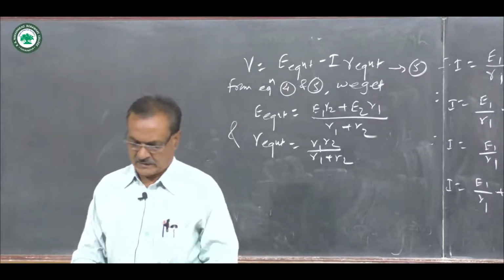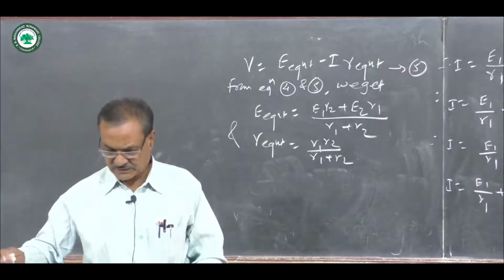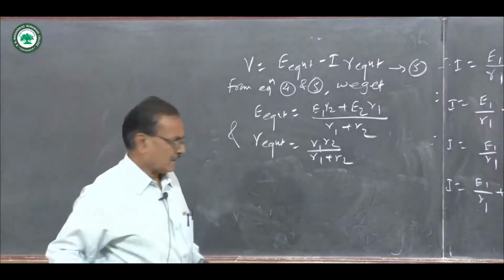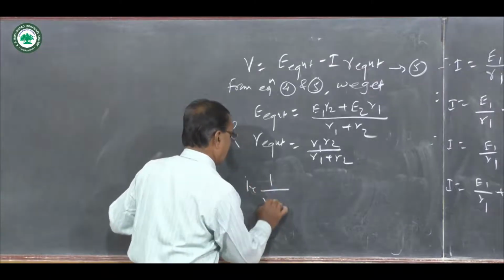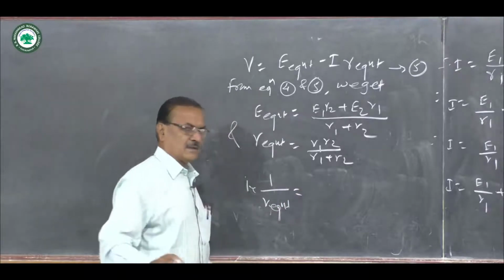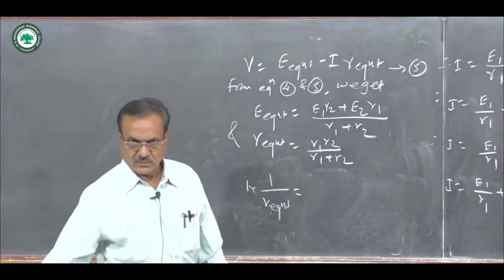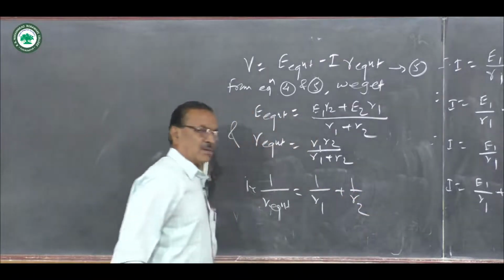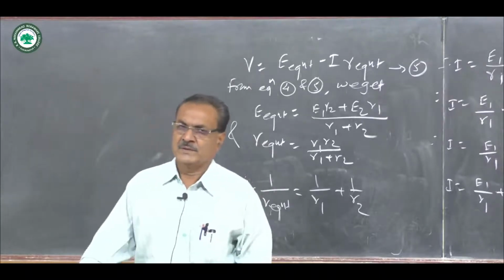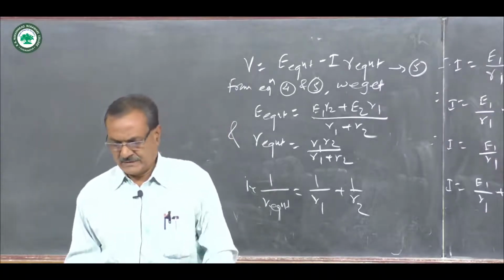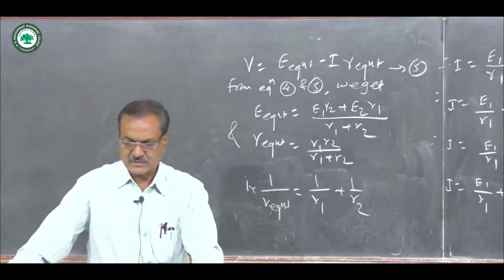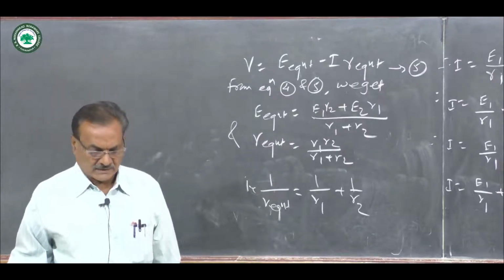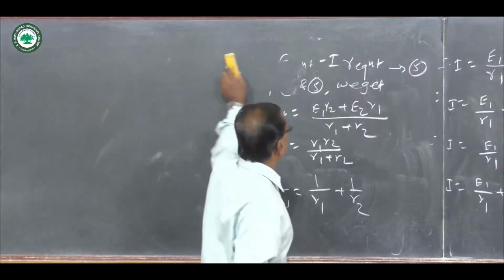Thus, how do we get the equivalent internal resistance? That is, 1 by R equivalent is equal to 1 upon R1 plus 1 upon R2. Now these cells are arranged in a parallel combination, so across it we can find R equivalent.